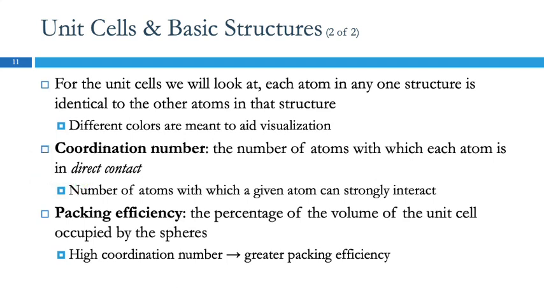It's actually touching. So that's the number of atoms that an atom can interact with strongly. And then packing efficiency is the percentage of the volume of the unit cell that's actually occupied by the spheres of the atoms. There's always going to be some empty space because you can't pack spheres together without empty space. These are related to each other. A higher coordination number means you have a higher packing efficiency.